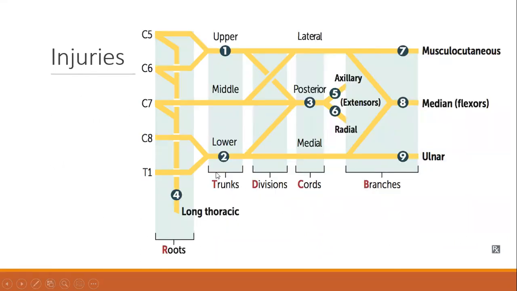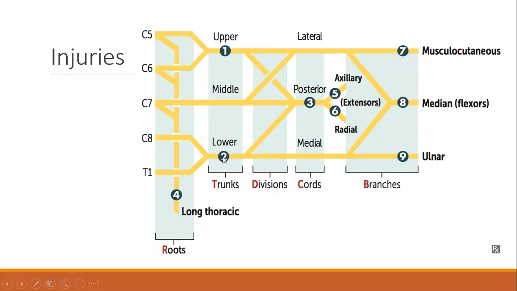So here's a schematic of your brachial plexus. Just realize that at each of these numbered points, you can have a different injury, and you need to be able to identify what injury it is based on the location on the brachial plexus. So we were just talking about upper trunk, C5, C6.